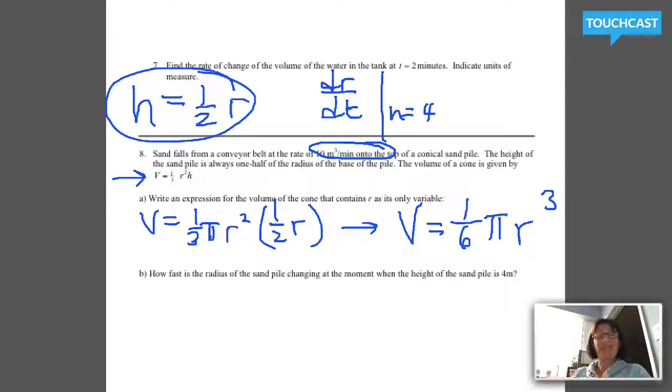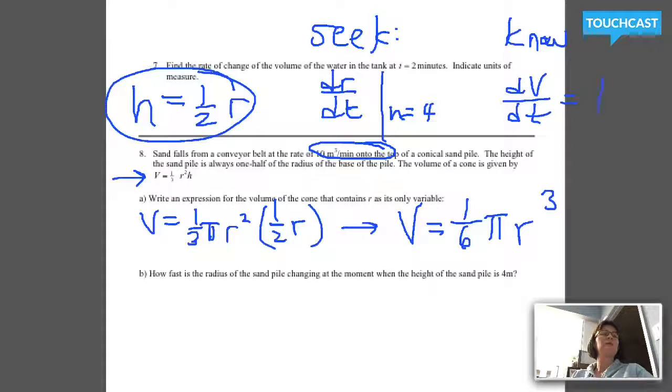So that means every minute, 10 cubic meters of stuff is getting added to this cone-shaped pile. That's increasing the volume of the cone-shaped pile by 10 cubic meters every minute. So I'll write up here that we were seeking dr dt. We know dv dt equals 10 cubic meters per minute.